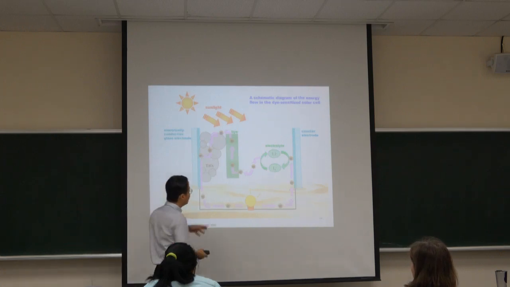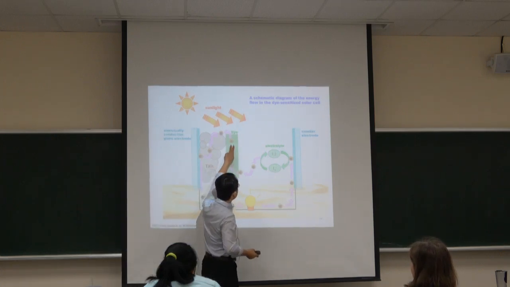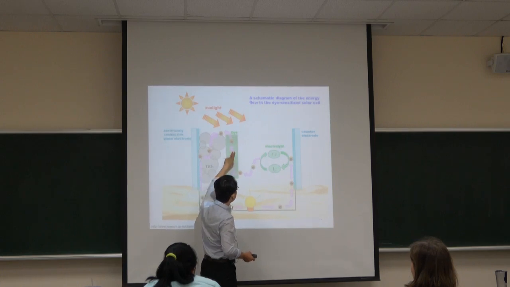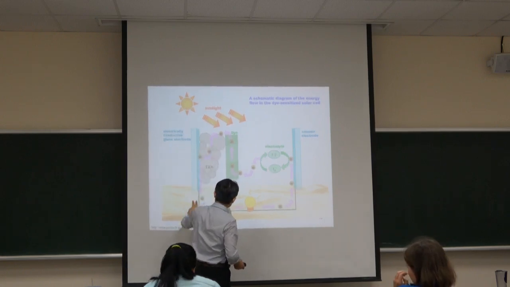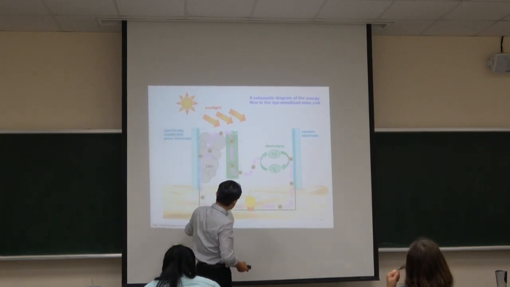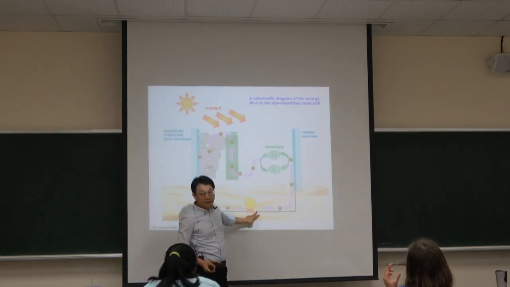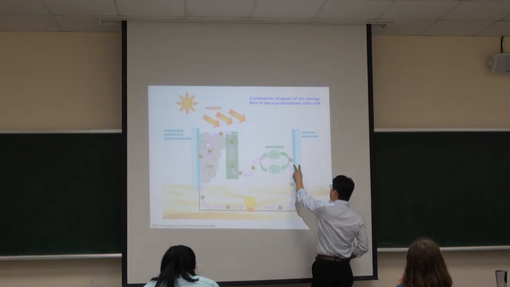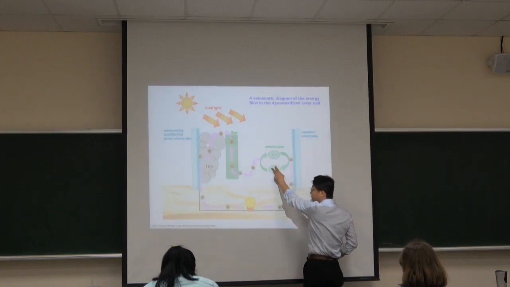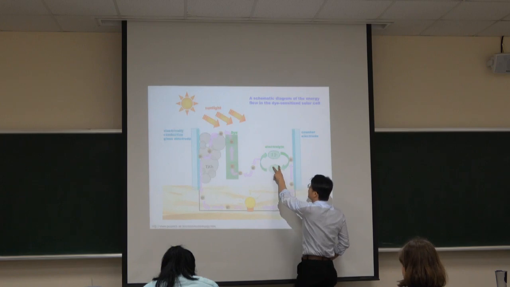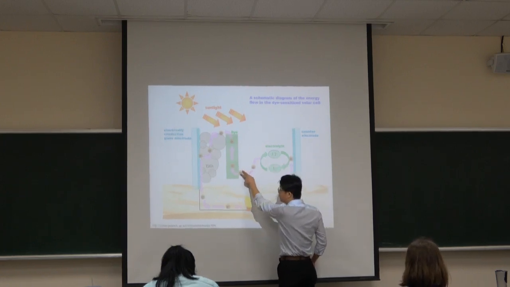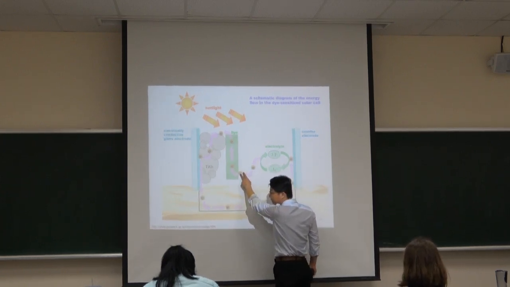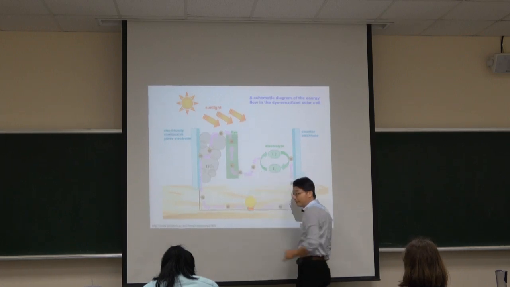As you can see, from here to here is one step, and then the second step is from the LUMO band to here, and then the external electron flow to the external load is the third step, and from PT to the electrolytes is the fourth step. And then the electrolyte to the HOMO band of the dye is the fifth step.